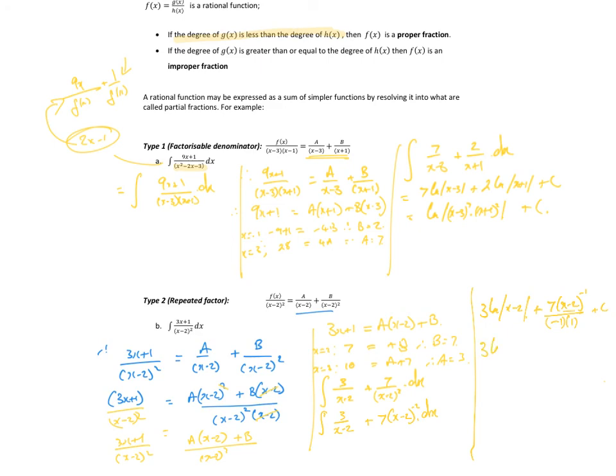So I get 3 natural log of x minus 2, minus 7 times x minus 2 to the negative 1. So let's just go with 3 natural log of x minus 2 minus 7 over x minus 2 plus some c.